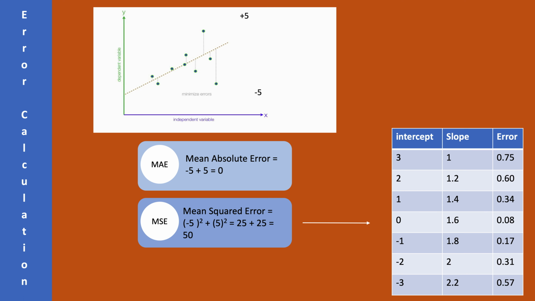So these are some possible values of intercept and slope and their error. Our linear regression will create this table and see which possible intercept and slope has the lowest error. So intercept 0 and slope 1.6 has an error of 0.08. So it is the best fit, and it will select this line.